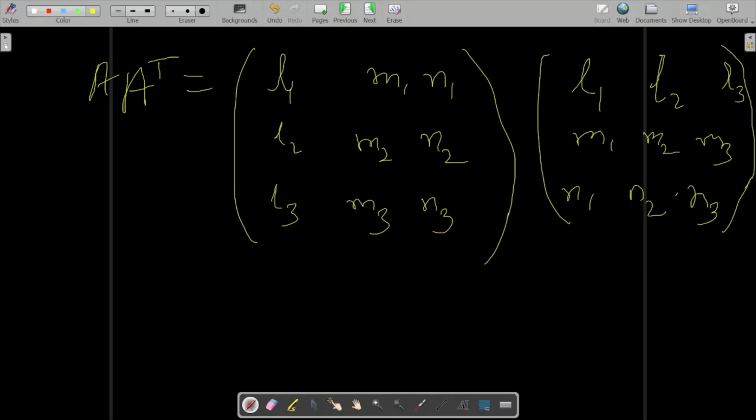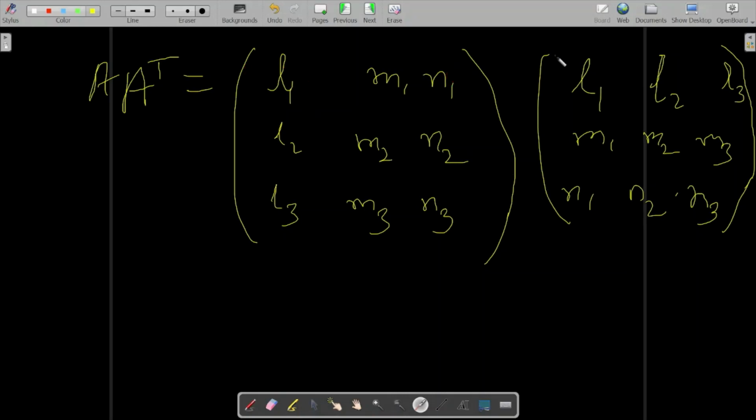And as soon as you take the product, what will happen? How to take the product? You know this very well, right? Now let me show you how to take the product. First of all, this multiplied by this will happen, okay. The first row will be multiplied by the first column, then the second row will be multiplied by the second column, then the third row by the third column, and you will keep on writing the corresponding terms, okay.